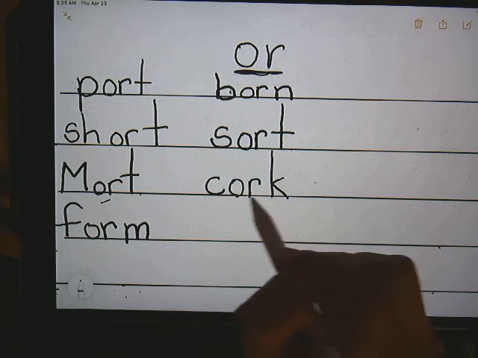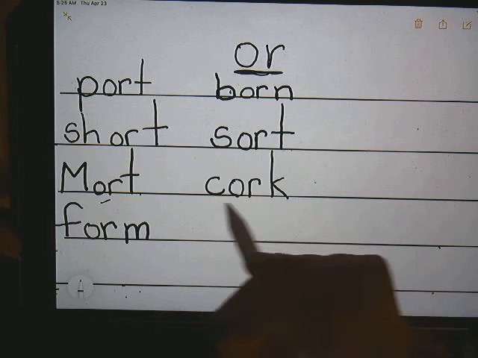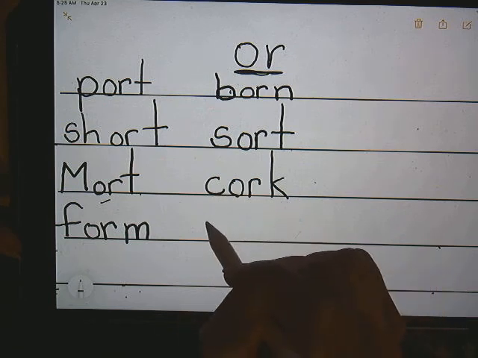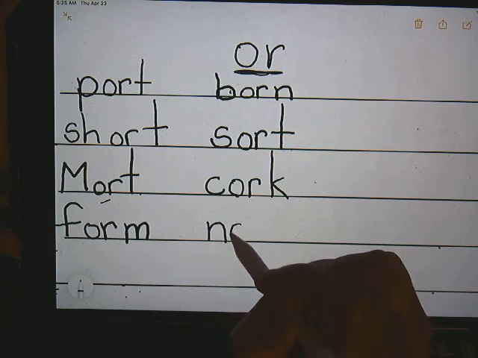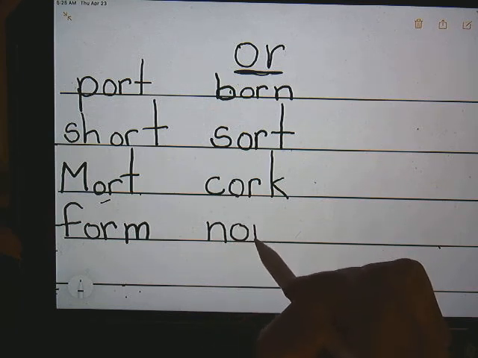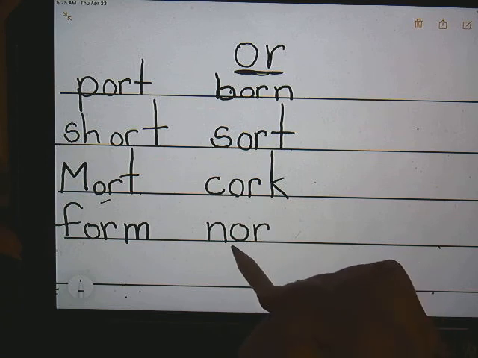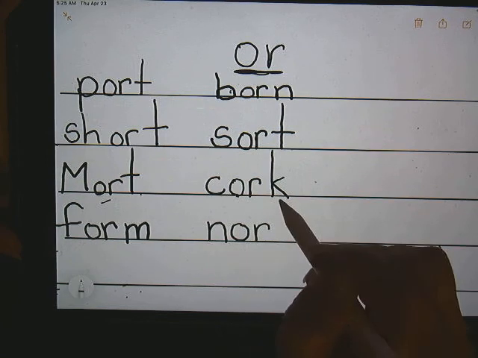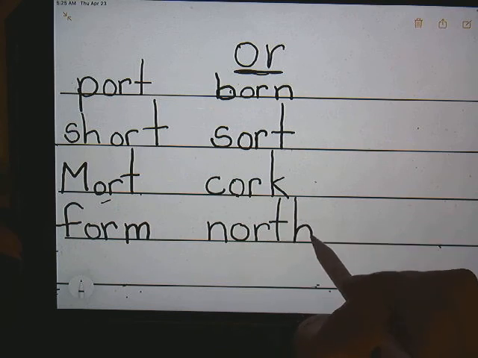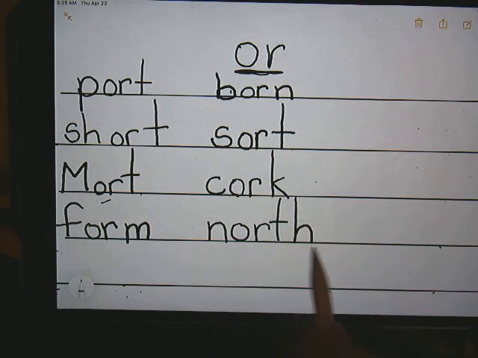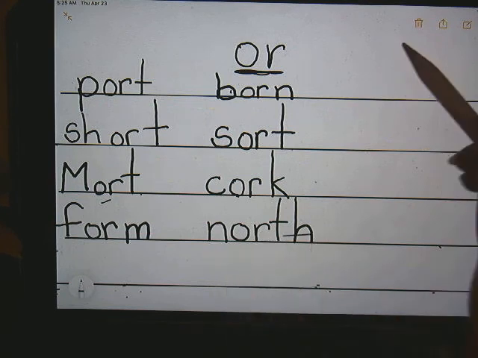Sound k, blend cork. Word cork. Sound. Sound or, blend nor. Sound, blend nor, word north.